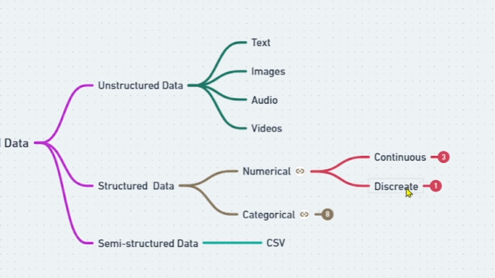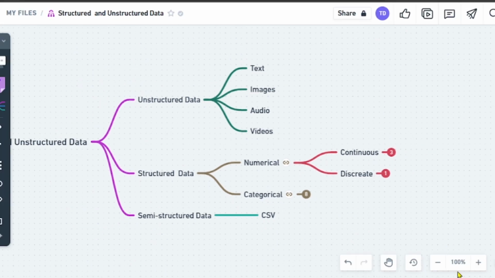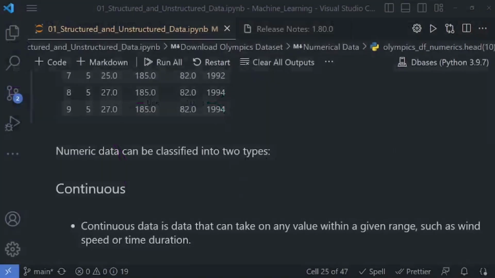So we have structured data, which is divided into numerical and categorical data types, and numerical or quantitative data is categorized into continuous and discrete. That is very important to note.